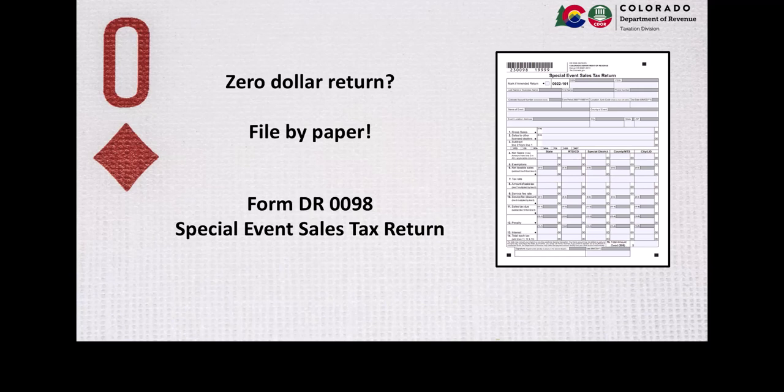If you wish to file a $0 return, please submit the paper form DR0098 Special Event Retail Sales Tax Return to the department following the filing instructions and using the mailing address listed on the form itself. If you wish to file online and will report at least $1 of sales, you can proceed to filing on Revenue Online.